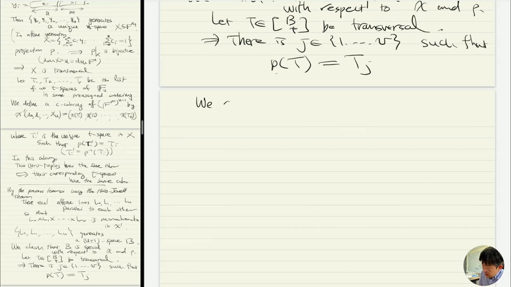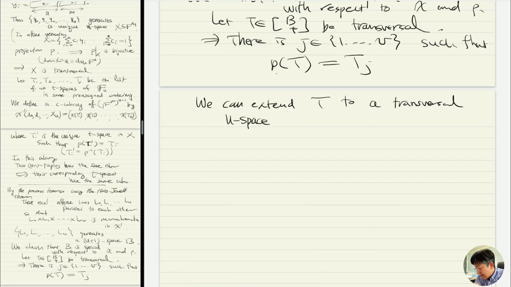Now we can extend T to a transversal U space. Just by linear algebra, we have a transversal T space.